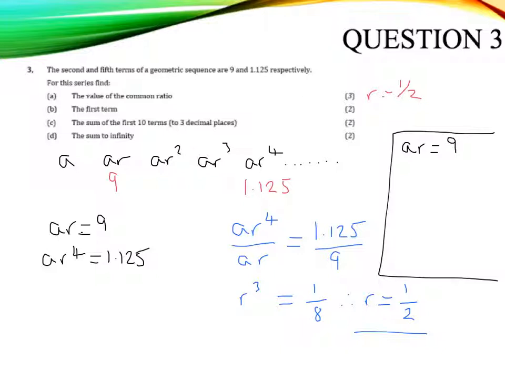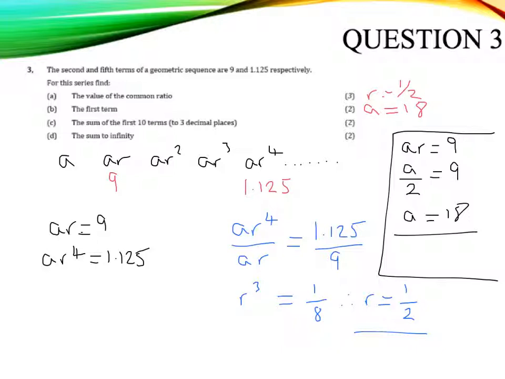I know what R is now. So A multiplied by a half, or A over 2, is 9. That must mean that A is 18. So we've now got A and R. From there we can do pretty much everything else.